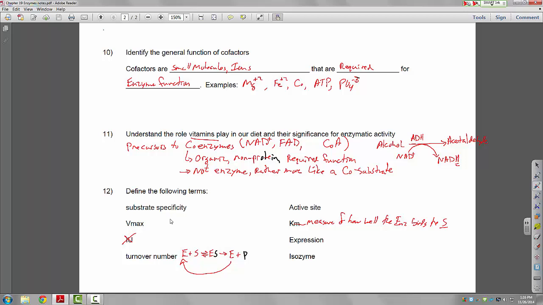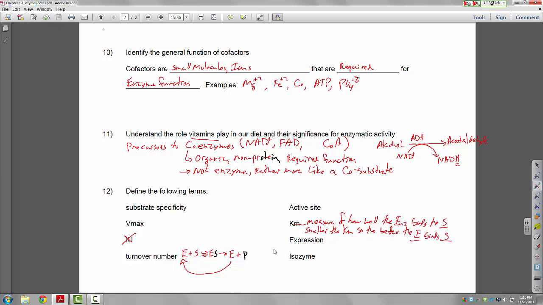So the tighter or the better the enzyme binds, the less substrate it needs. So the smaller the Km, that means the lower the concentration of substrate required. So the better the enzyme binds substrate.